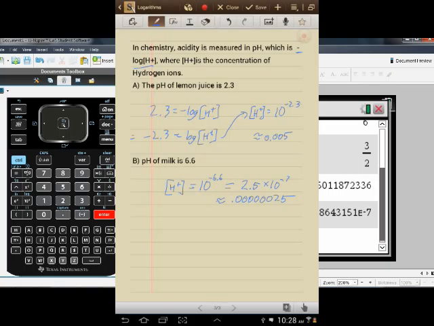That's why it's a weak acid, extremely weak.